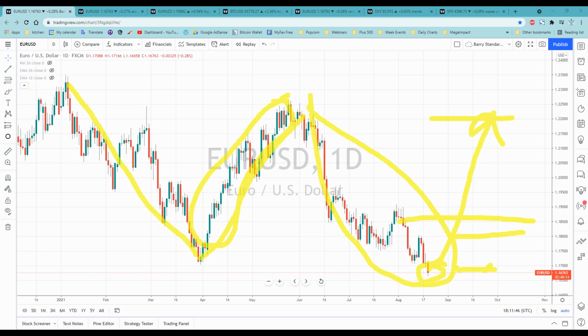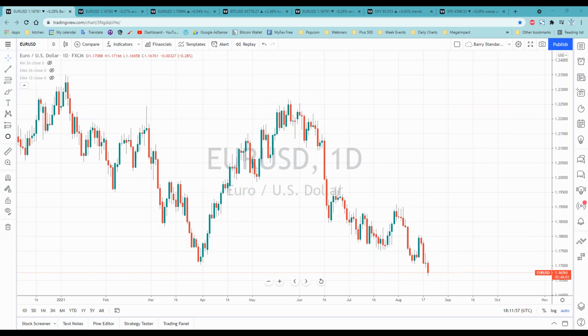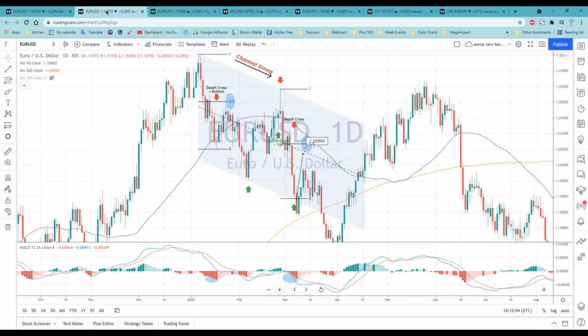But trends, hold on, let me get my markers off of here. Trends tell us something. When we have a trend, we can start deciphering what price is doing.